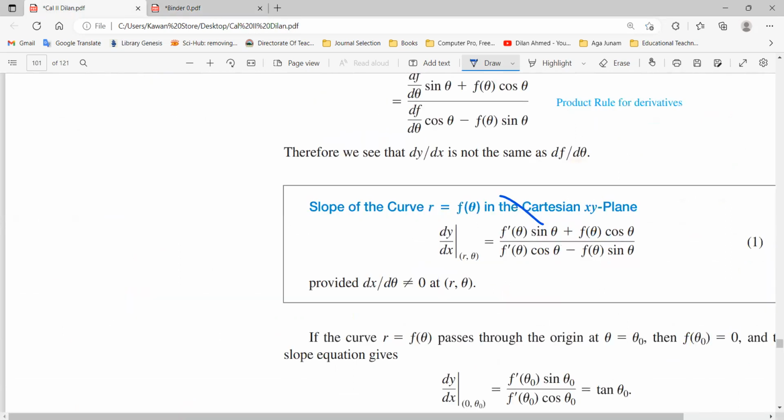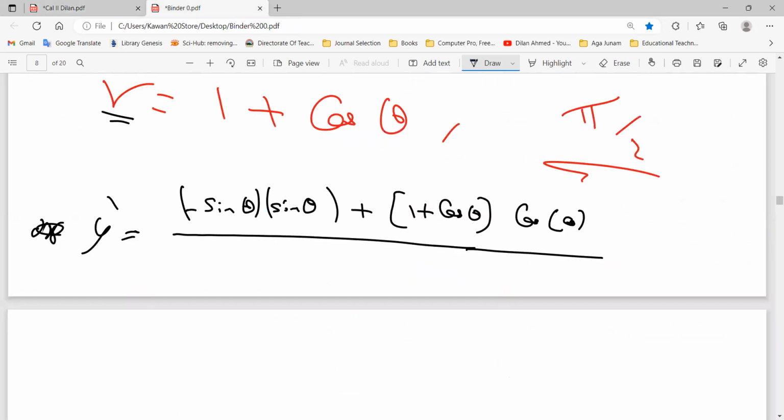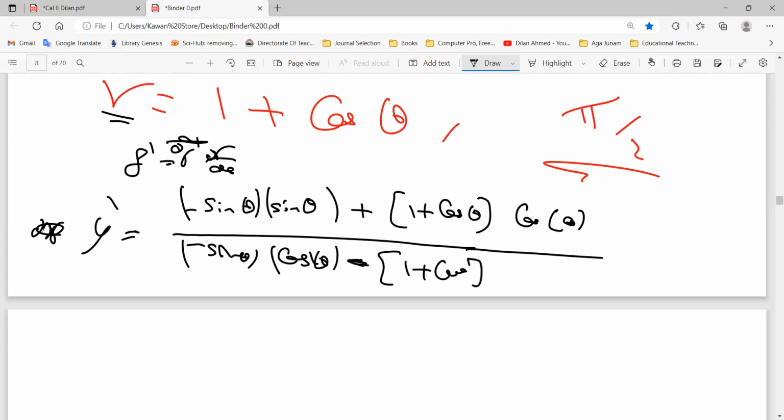Again, it's the rule, over r prime, or f prime. F prime means r prime, or dr by d theta. So again, negative sine theta multiplied by sine theta plus 1 plus cosine theta times cosine theta, over negative sine theta cosine theta minus 1 plus cosine theta times sine theta, at pi over 2.